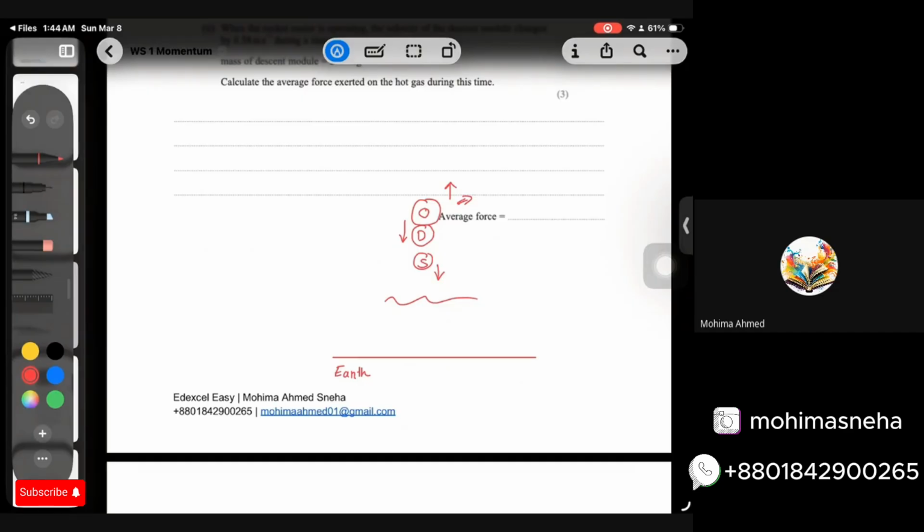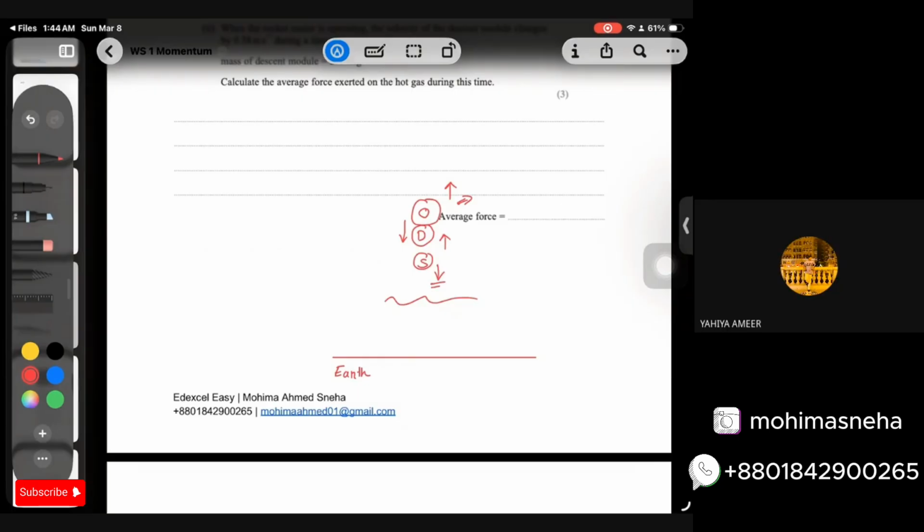I need to make that descent module enter the Earth's atmosphere at a smaller velocity. That's why when S separates, S also provides a small upward force on the descent module, right? So that way, eventually the descent module will be able to enter the Earth's atmosphere without a very high speed, without causing any damage to the descent module. Is this clear?